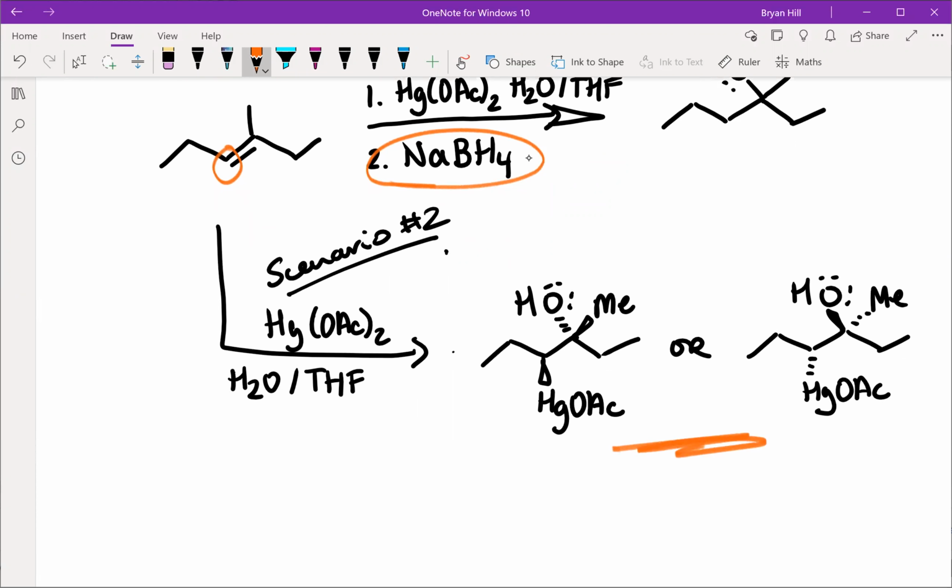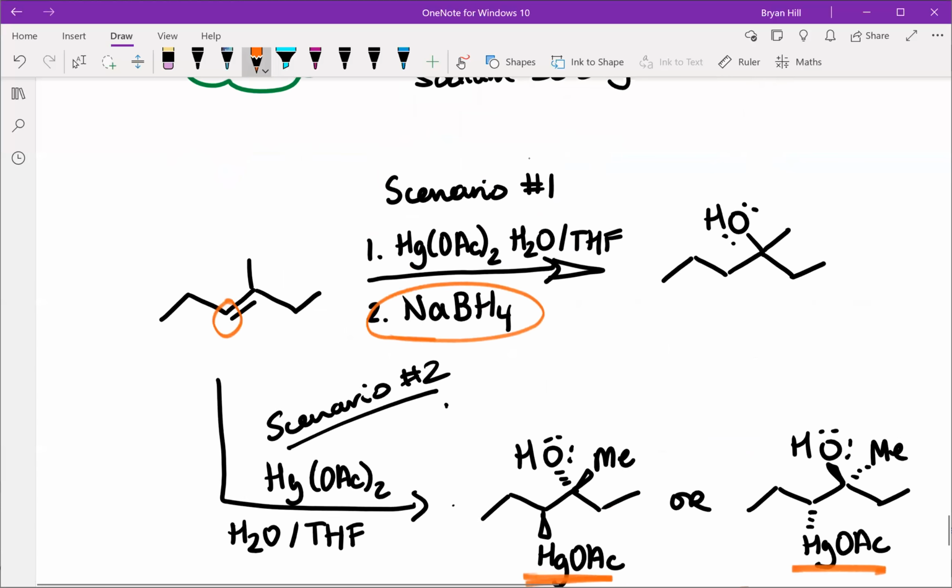So just keep that in mind: is the sodium borohydride there or is it not? The sodium borohydride is used to remove the mercury.